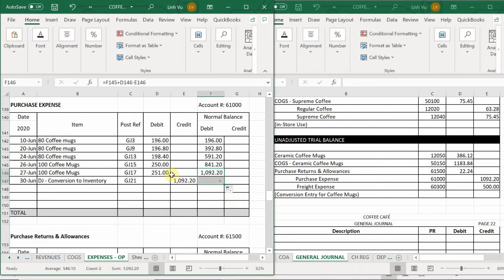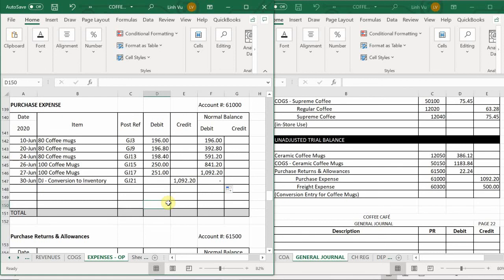0. Good. So if you guys remember that conversation when we learned about periodic inventory, right? When you do your conversion entry, you're essentially taking the bucket that you put all your items in and you're dumping them out.